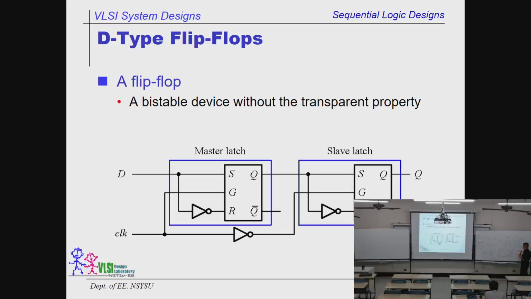So edge trigger flip-flop is equal to master-slave flip-flop. The only thing you have to be aware of is whether it is the falling edge or the rising edge. This design is a falling edge.